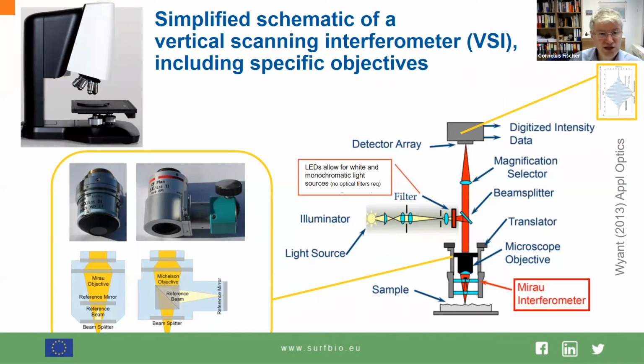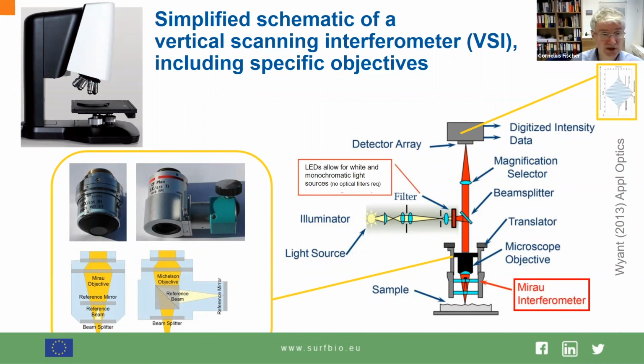For lower magnifications and larger distances, we do exactly what I have shown you initially, the more intuitive thing, where we have a reference beam that is rectangular oriented to the beam that goes down to the sample. The Michelson geometry, this is also available as an objective. You can see things here. Here, the green colored thing actually holds the reference mirror. What's the difference?